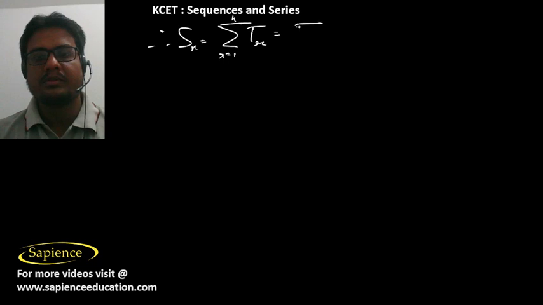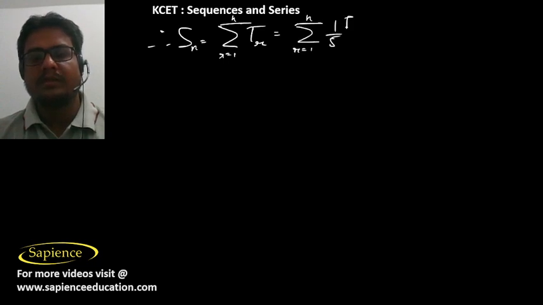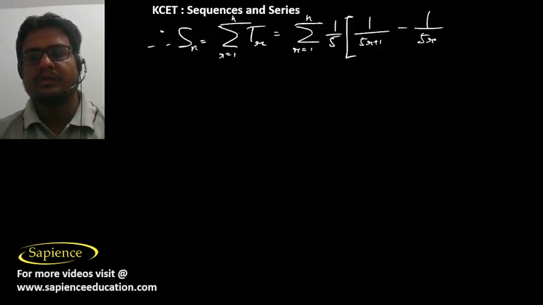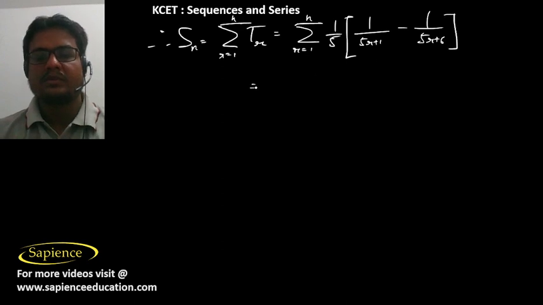So therefore Sn is the summation of the rth term, where r goes from 1 to n. So this will be summation r goes from 1 to n, 1 by 5 into 1 by 5r plus 1 minus 1 by 5r plus 6. So this will be equal to 1 by 5, I can take as common outside.